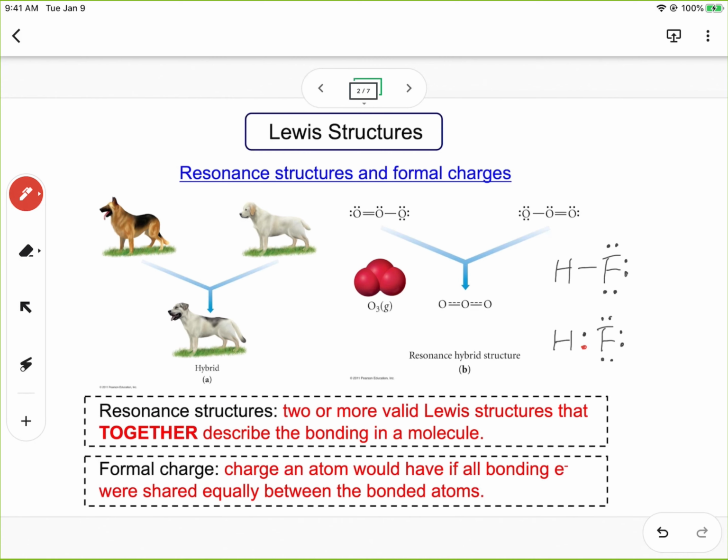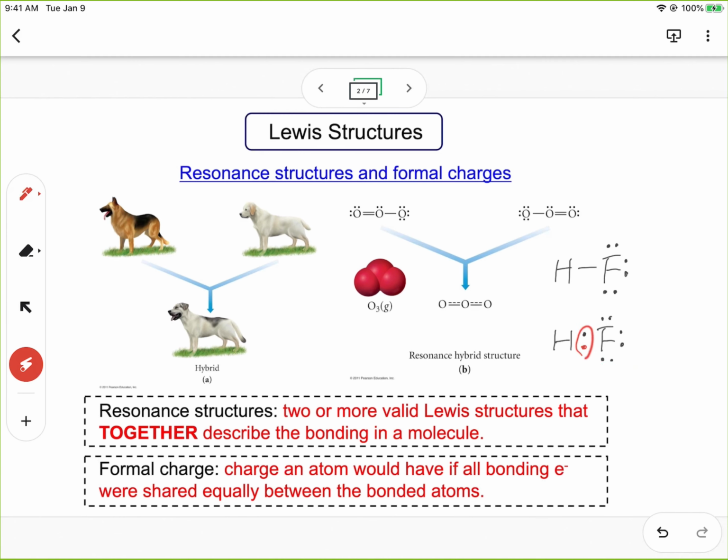When we say that those two atoms share these two electrons, they share them unequally. Because of the high electronegativity of fluorine, it likes electrons so much that it will pull the electrons towards itself. So most of the time, those two electrons will move around the fluorine instead of hydrogen.